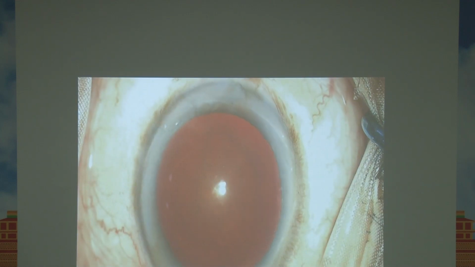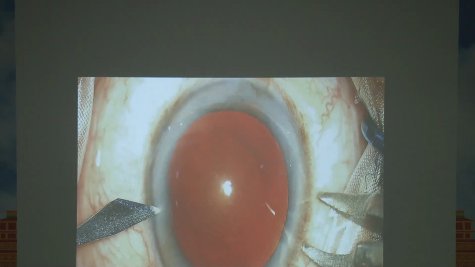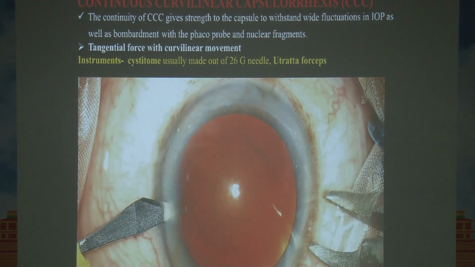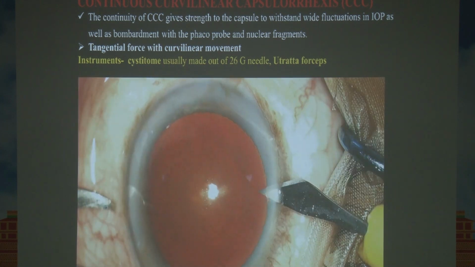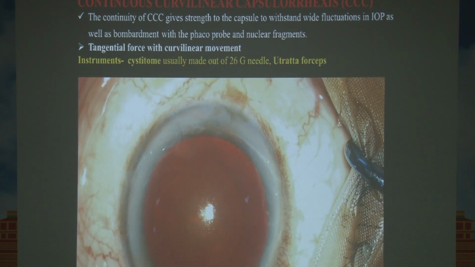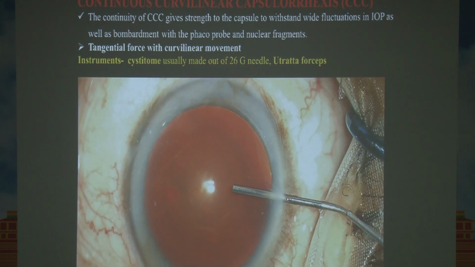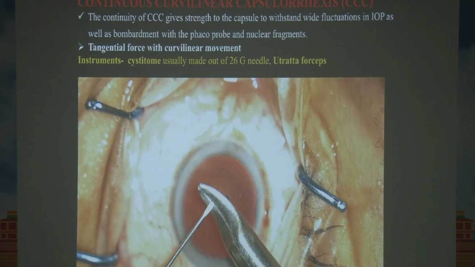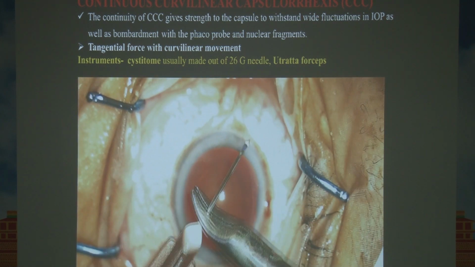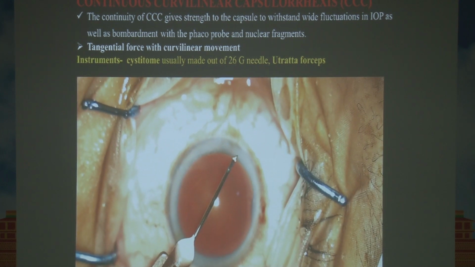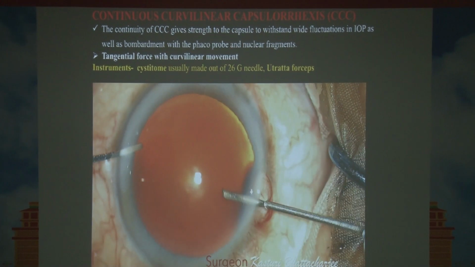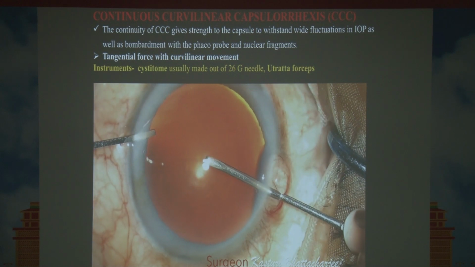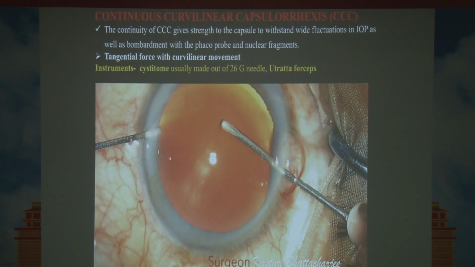So when we talk about the A to Z of phaco, the most important is the capsulorhexis. What I always insist on is a very continuous curvilinear capsulorhexis, because this gives a very high strength to the capsule, especially when we do the surgical procedure with a very high fluctuation of IOP, as well as bombardment with the phaco probe and nuclear fragmentation.